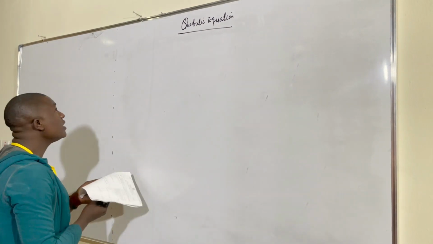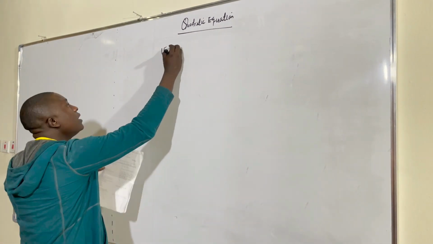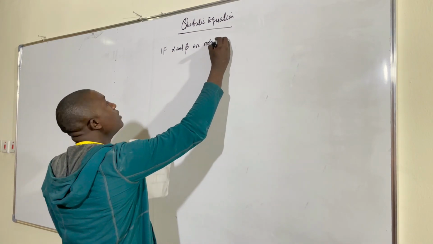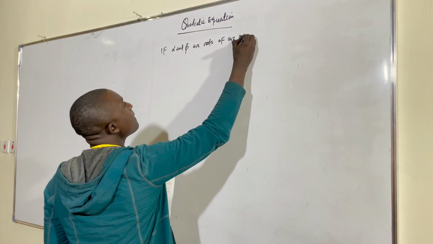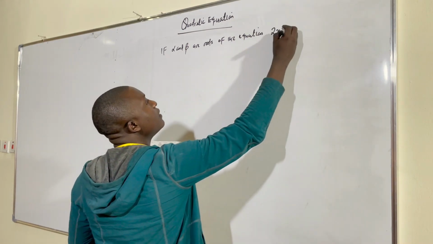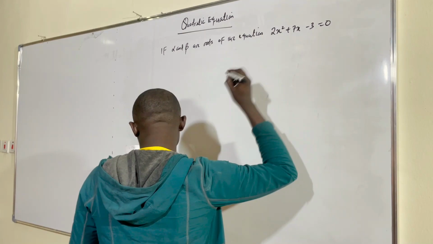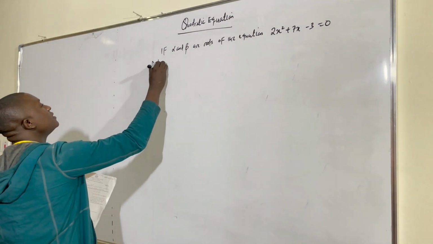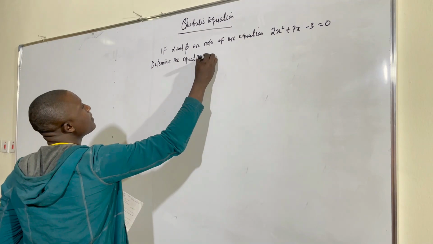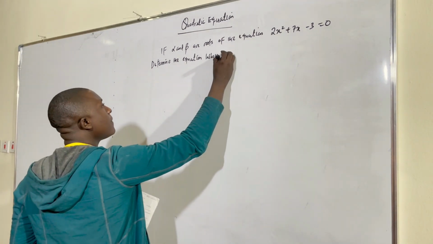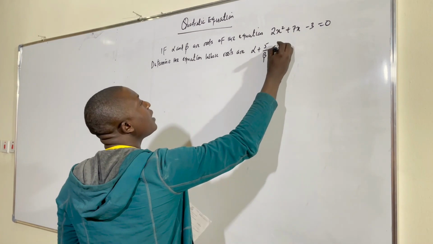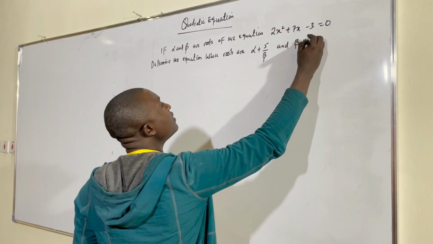They said if alpha and beta are roots of the equation 2x squared plus 7x minus 3 equal to 0, determine the equation whose roots are alpha plus 5 over beta and beta plus 5 over alpha.